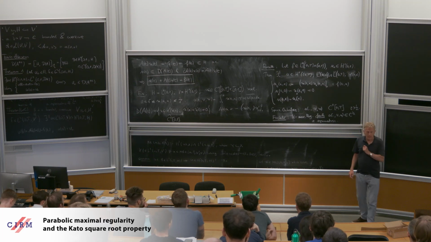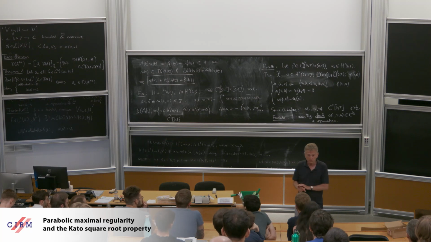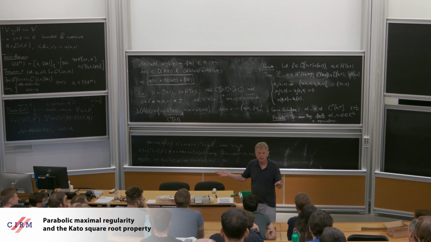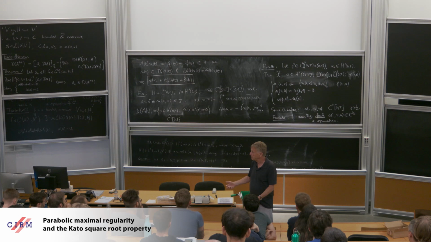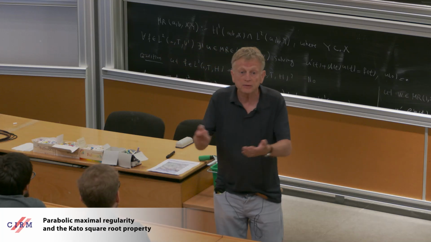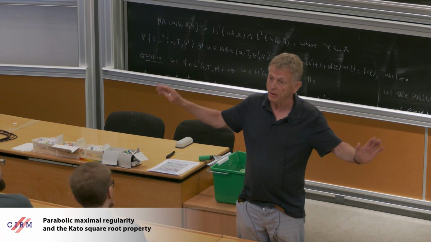Now, there's a last thing you may ask after you followed this course on the Kato square root property. We know there's McIntosh's counterexample. Okay, this is an abstract form. But what about elliptic operators? It might be like for Kato's square root property, that the thing is true for elliptic operators, and this would be fantastic.